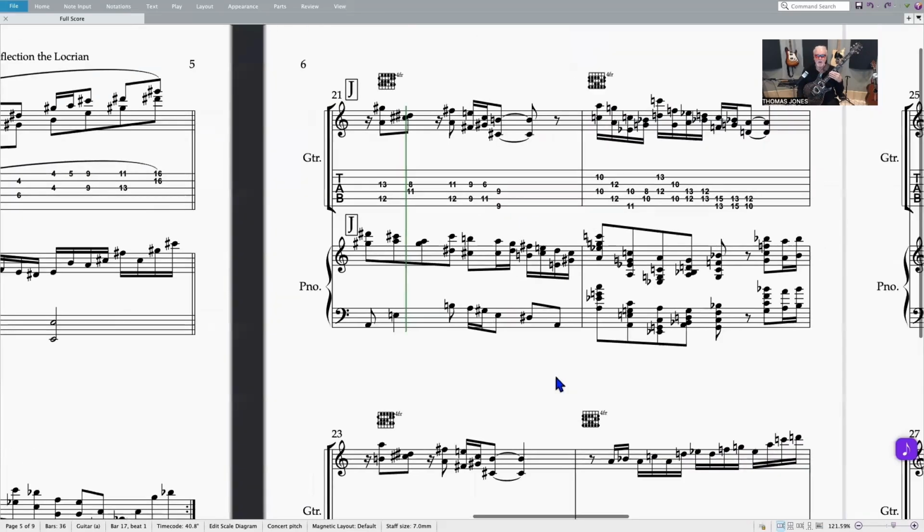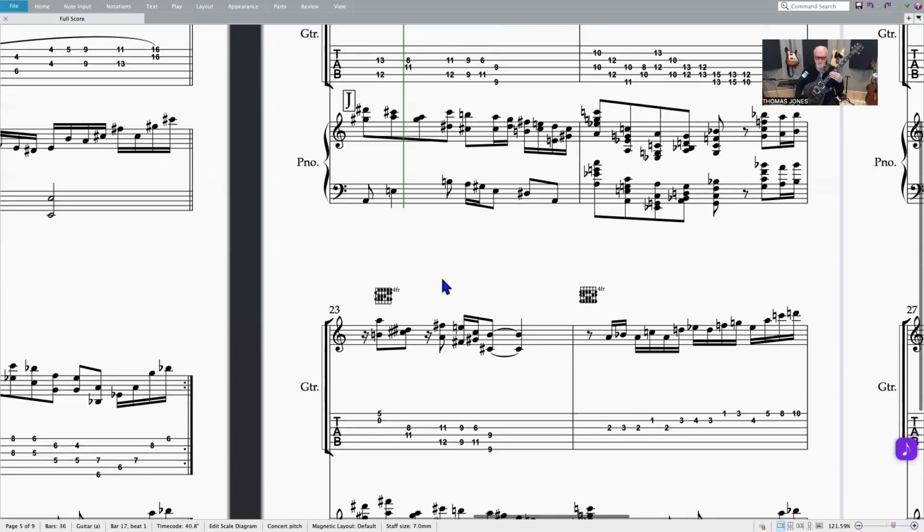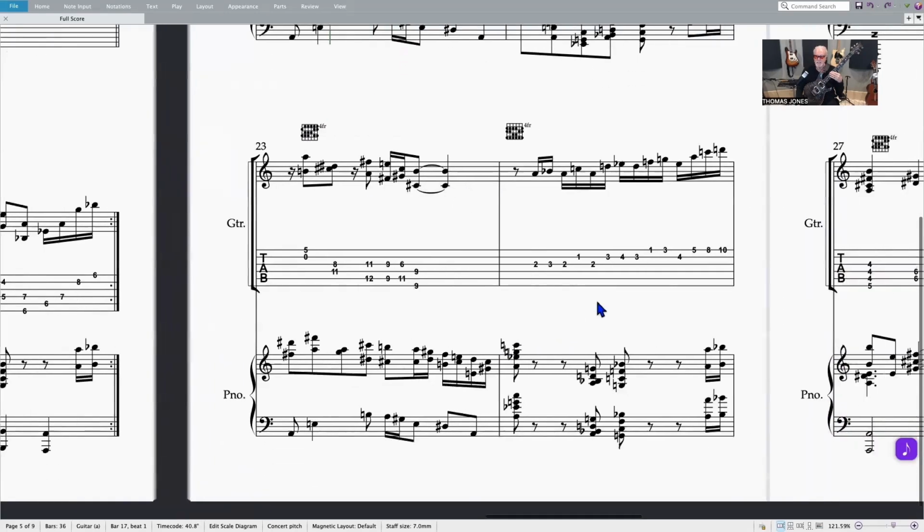Then you get to where you can start to see. I'm looking at this. Oh, yeah, I recognize that. That is the A Lydian. Oh, yeah, I recognize that. That is the A Locrian. So all these notes are A Lydian. All these notes are A Locrian, and so forth. A Lydian, Locrian. That's what this piece is. It just goes back.